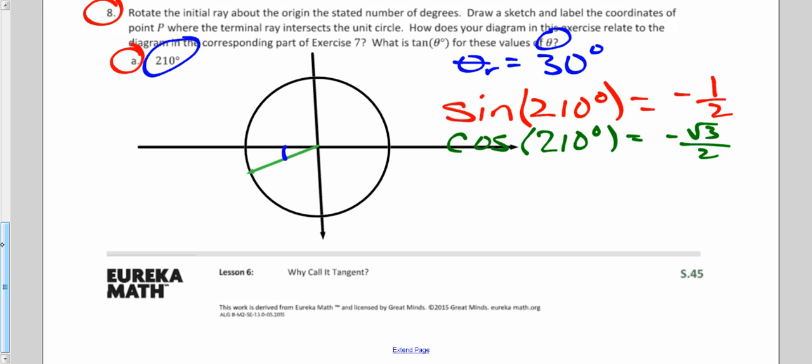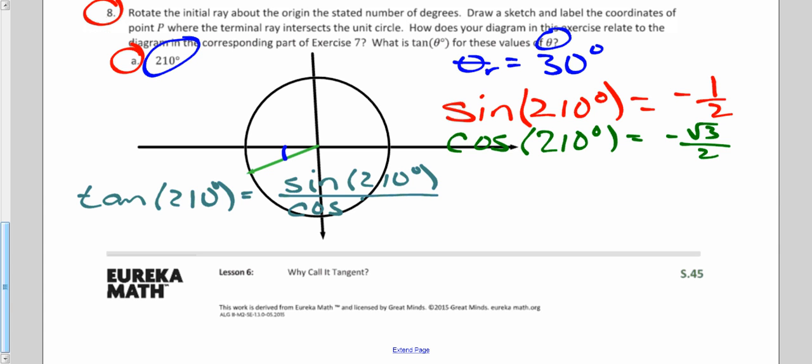So tangent of 210 degrees equals sine of 210 degrees divided by cosine of 210 degrees. Is it important that I put the degree sign up there? Yes. In our next lesson, we are going to talk about another unit of measure for angles called radians.